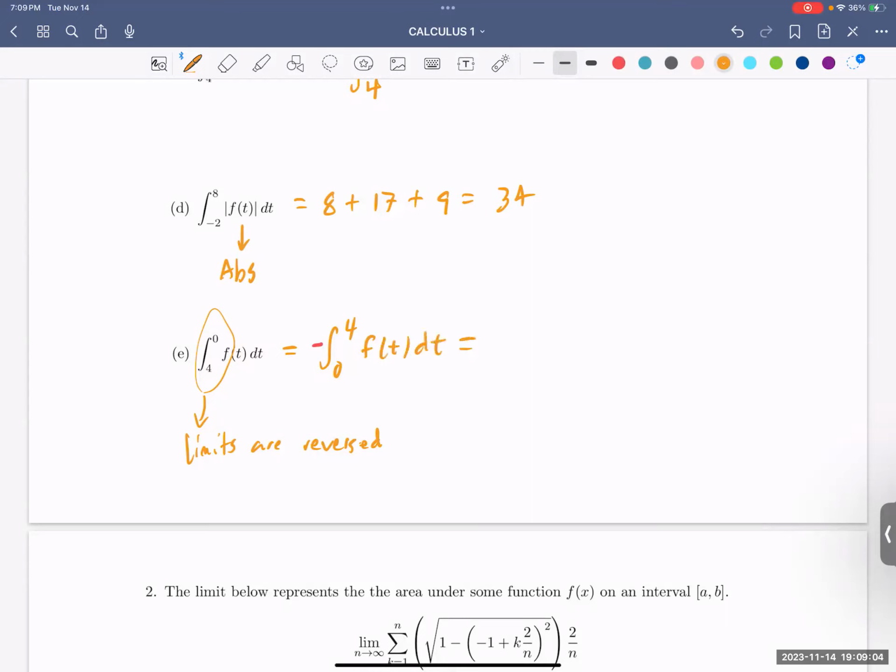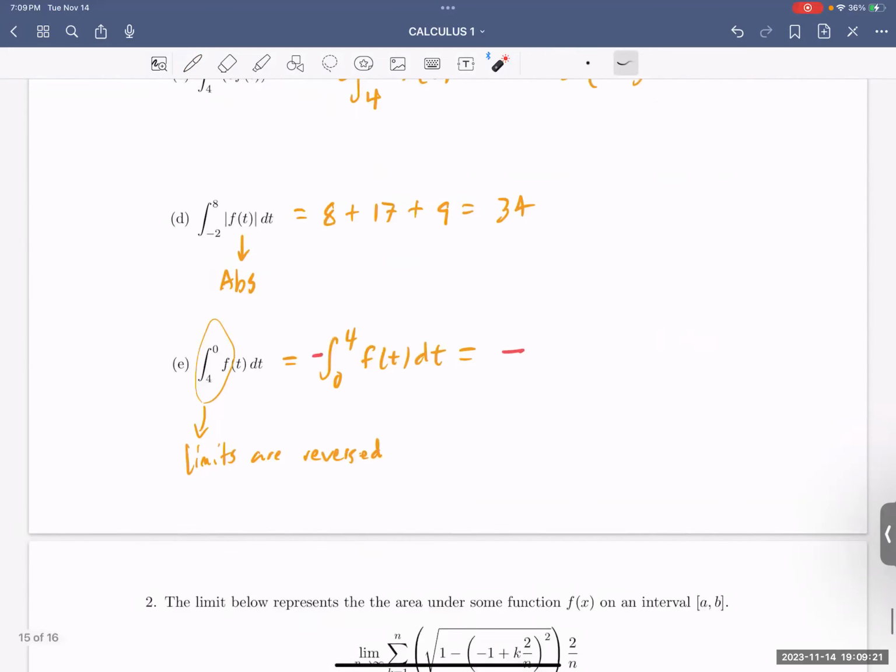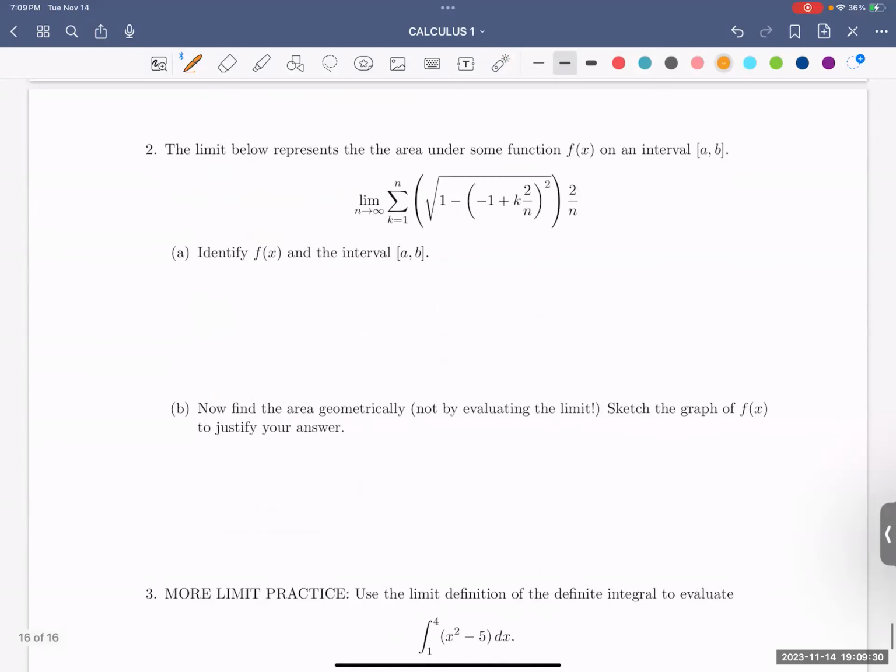So we need the area from 0 to 4 of f of t. So 0 to 4, that's going to be 17. And then we need the negative of that. So negative 17. There we go.